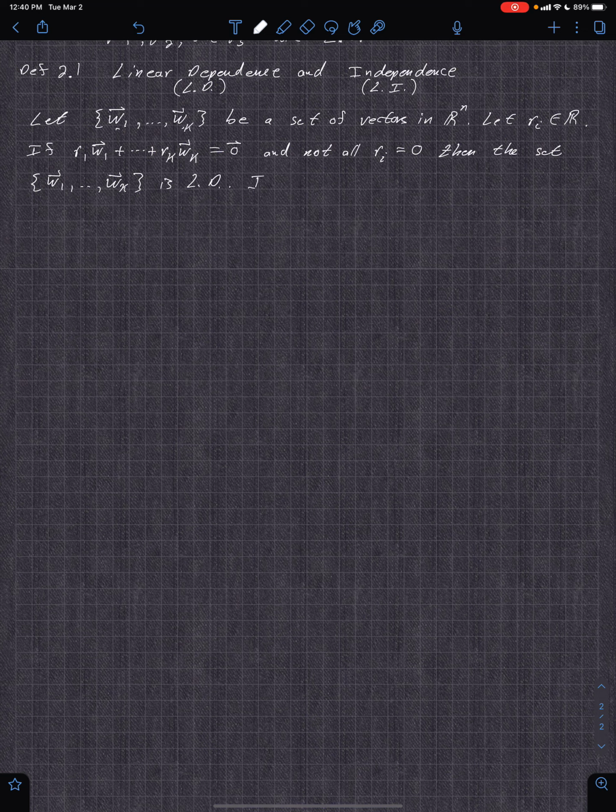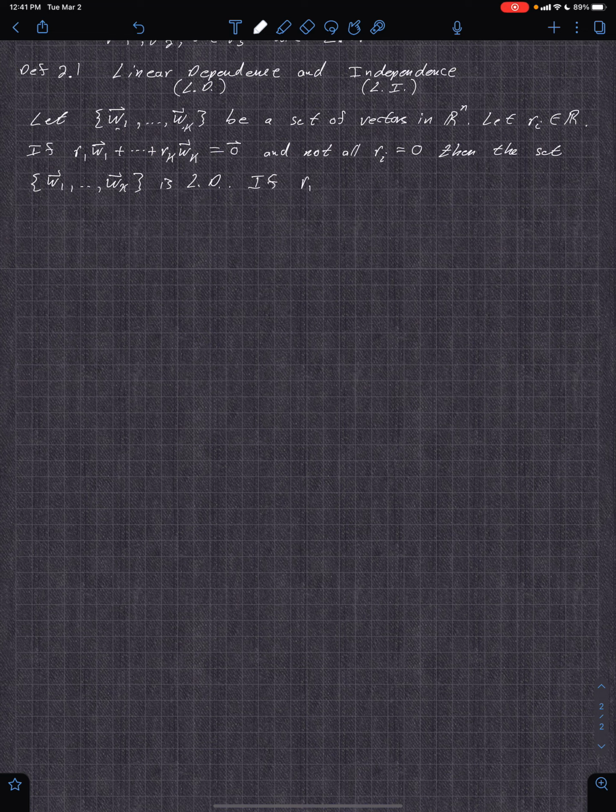Okay, so then similarly, basically, if the only way to get that sum to be 0 is if all the r's are 0, then they are linearly independent. So that's really the key there. And then forms a basis and all that kind of stuff.